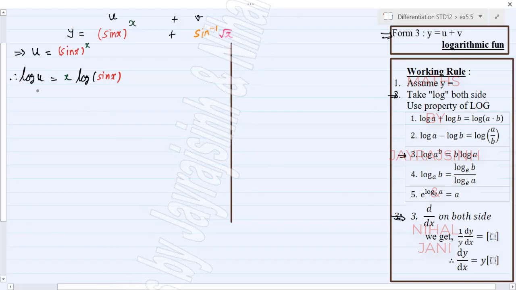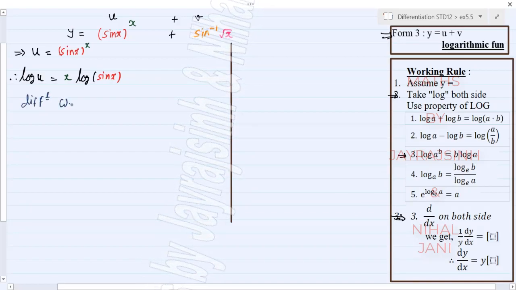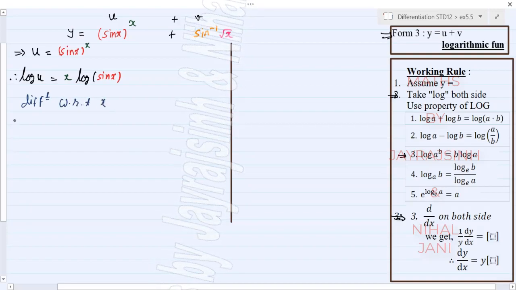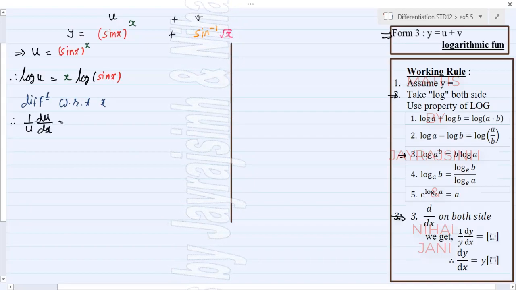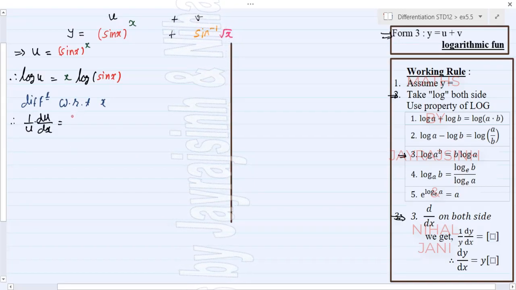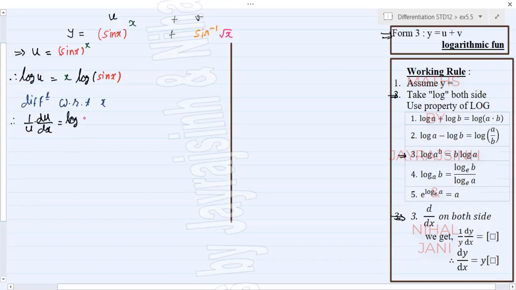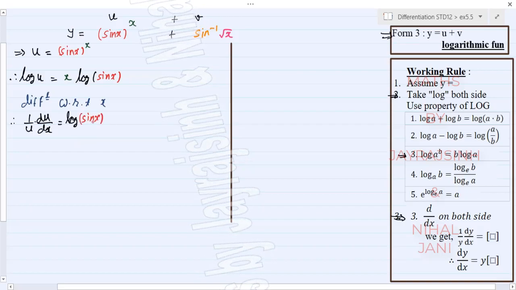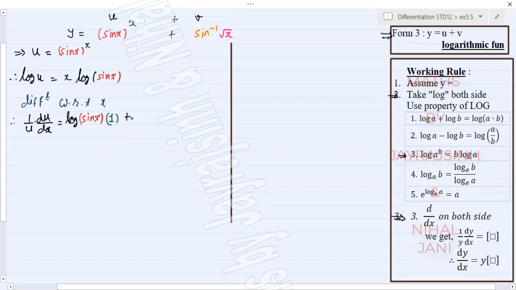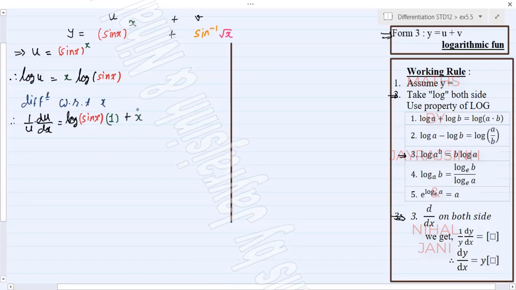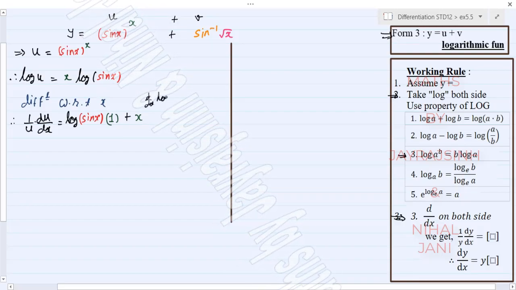Now let's differentiate our whole equation with respect to x. On left hand side we will get 1 upon u du by dx, and on right hand side we have to apply multiplication rule. Let's say log sin x is as it is in first term, and we will differentiate x, which is 1, plus it's time to take x as it is and we have to differentiate log sin x.